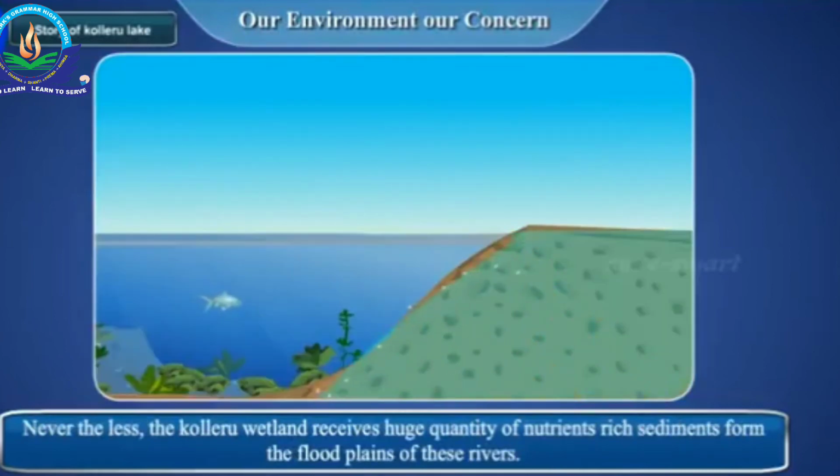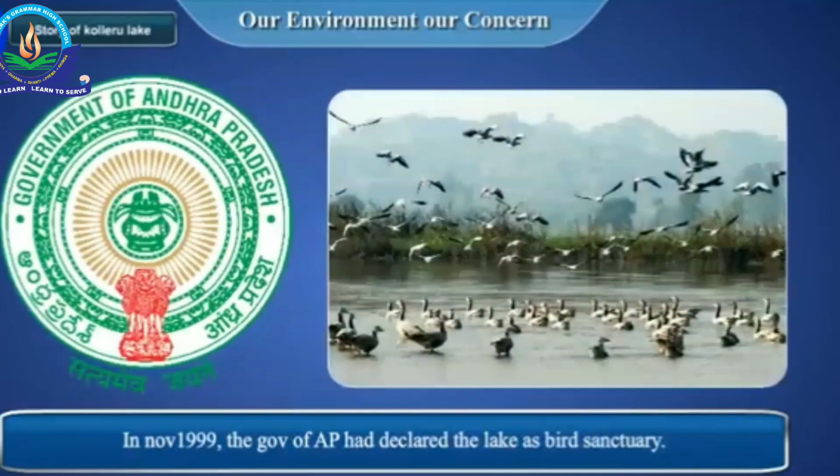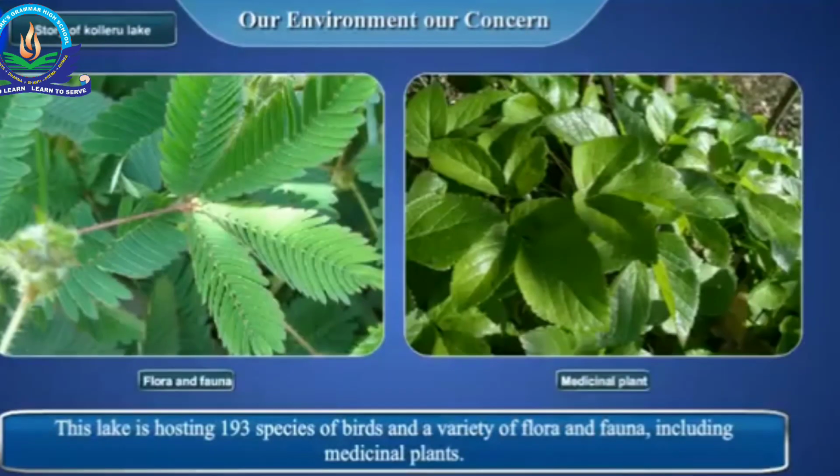Nevertheless, the Kolleru wetland receives a huge quantity of nutrient-rich sediments from the floodplains of these rivers. In November 1999, the government of AP declared the lake a bird sanctuary. This lake hosts 193 species of birds and a variety of flora and fauna, including medicinal plants.